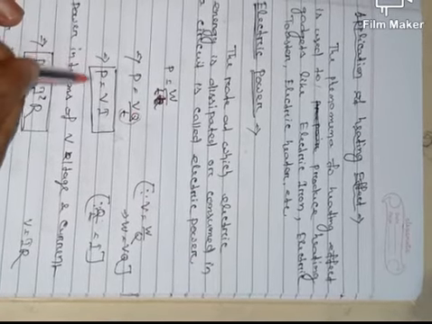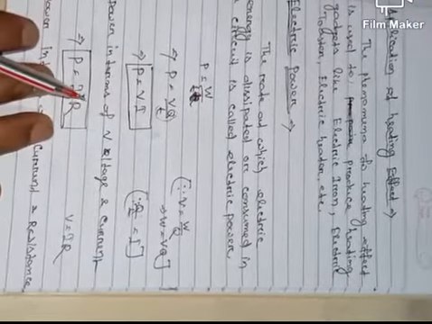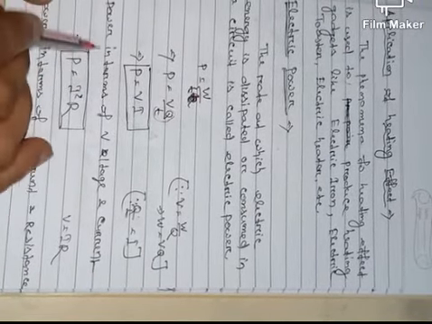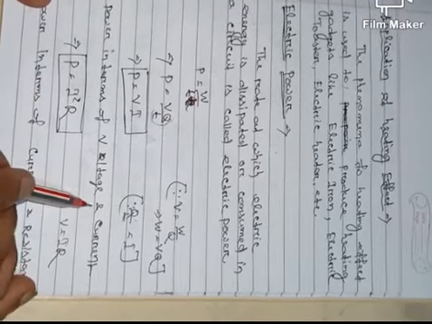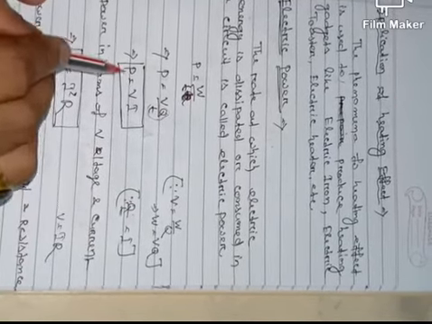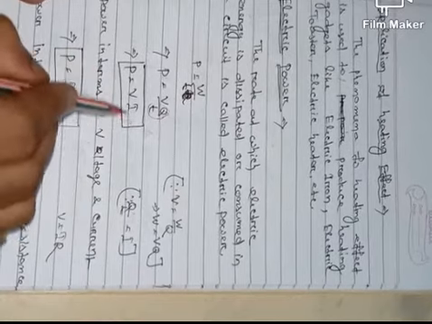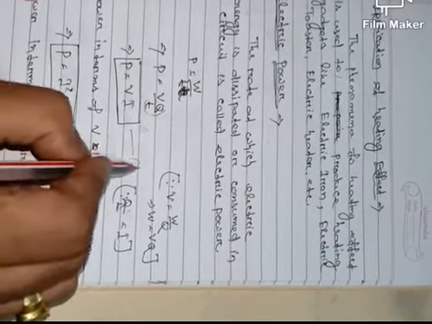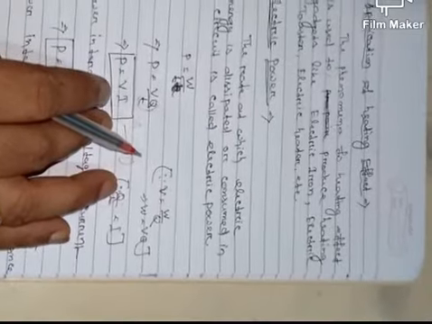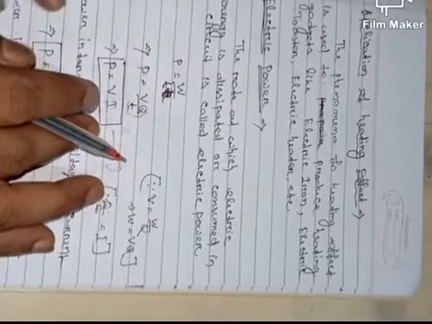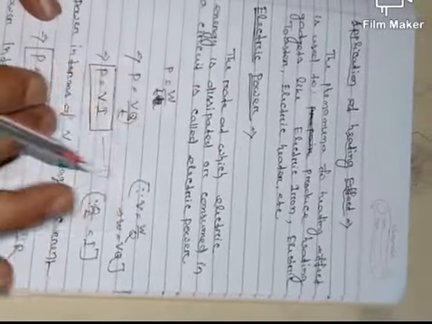So I can write P is equal to VI. This is power in terms of voltage and current. This is equation 1. That means if voltage and current are given and it is asking for power, then you can get it by this formula.